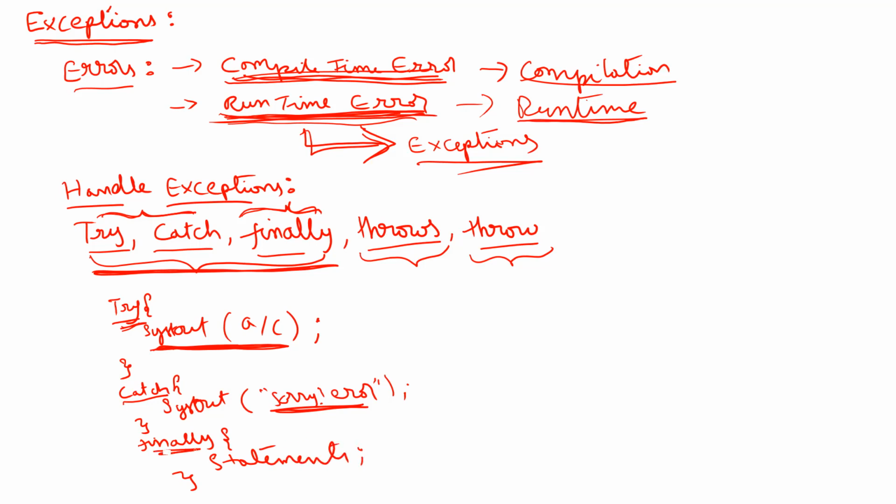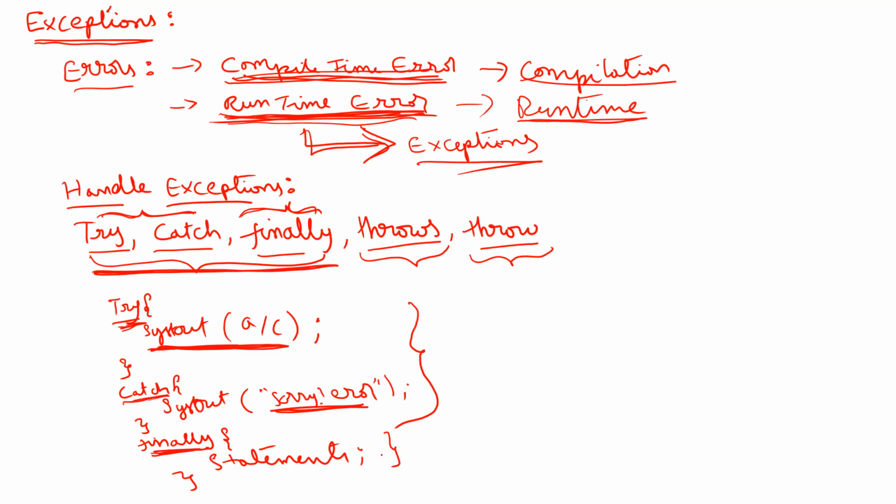So what is this finally block? The finally block is used to execute a set of statements whether an exception is raised and handled in the try catch block or not. That means the finally block executes whether an exception was raised or not. It doesn't care, it will just execute after these statements.